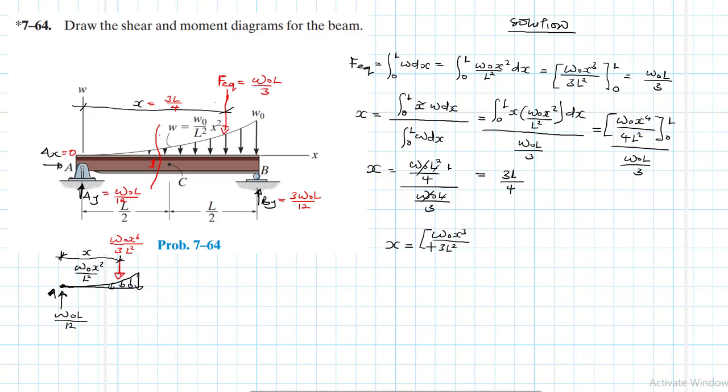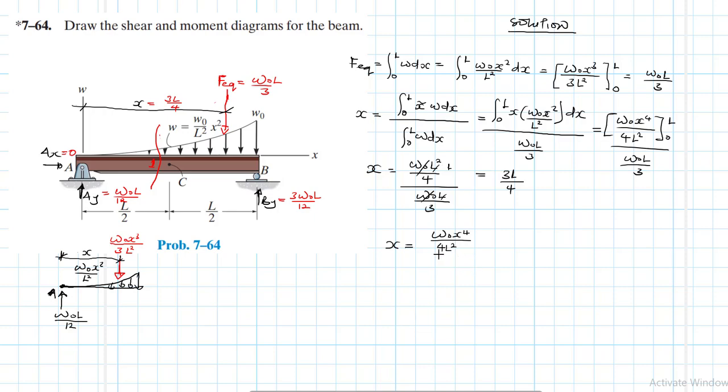We are integrating this from 0 to x, divided by, no, sorry, this is supposed to be W naught x to the power 4 divided by 4L squared.